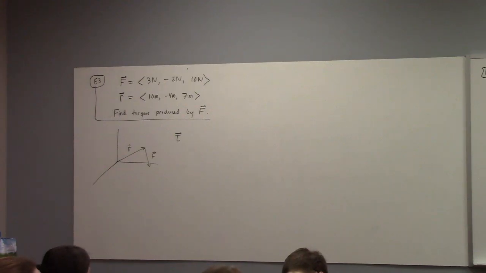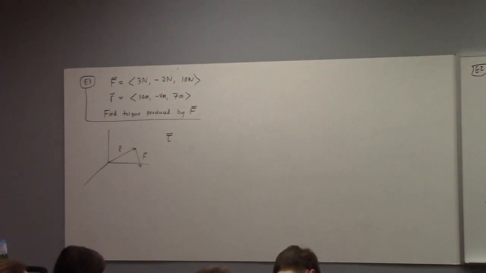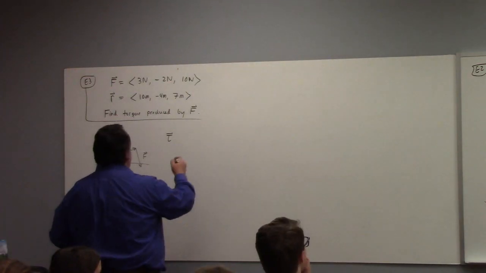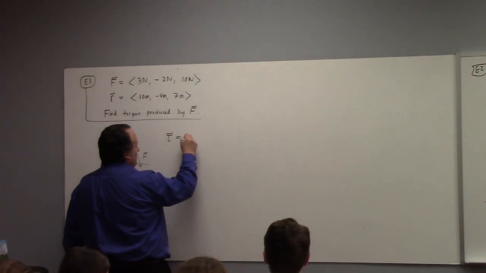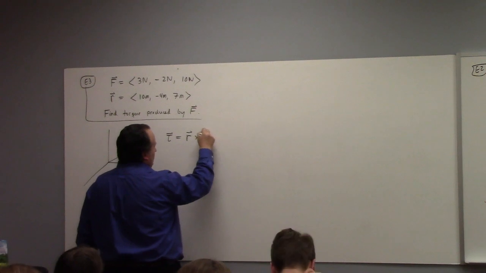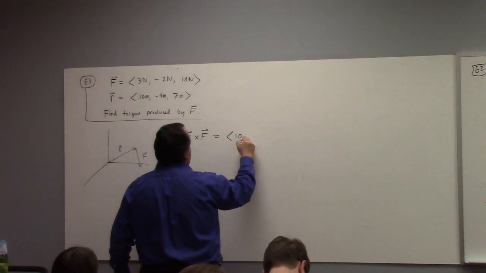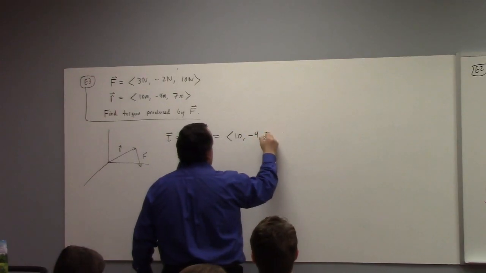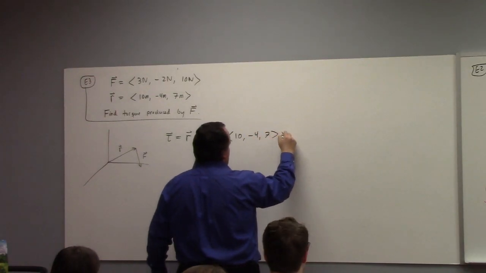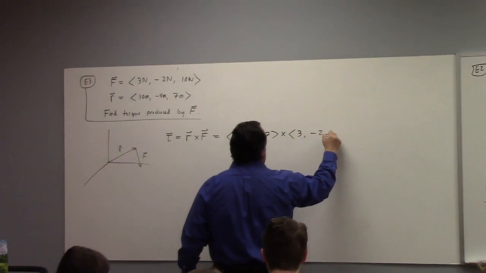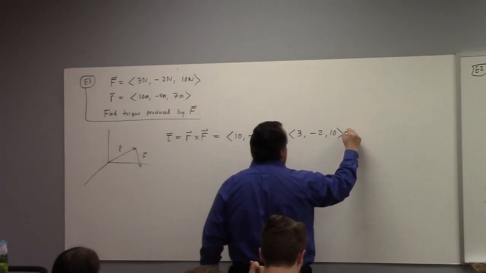All right, sorry for the delay. So we calculate the torque from the cross product. We take R cross F, which is going to be 10, minus 4, 7, crossed with 3, minus 2, 10. I'll pull out the Newton meters out here.